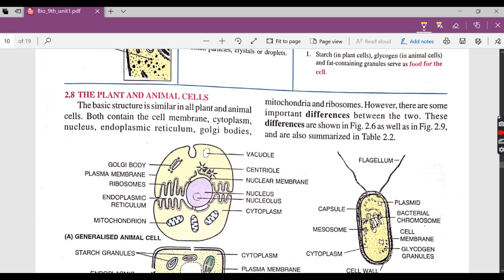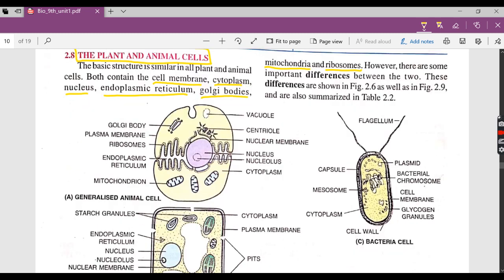In the next part, we will study about the similarities and differences in the plant and animal cells. By now we know that both of these contain some organelles which are in common, and there are some organelles which are different. They both contain cell membrane, cytoplasm, nucleus, endoplasmic reticulum, Golgi bodies, mitochondria, and ribosomes.